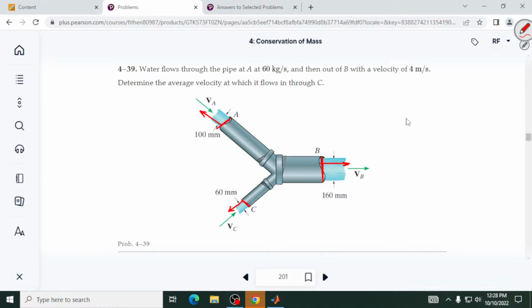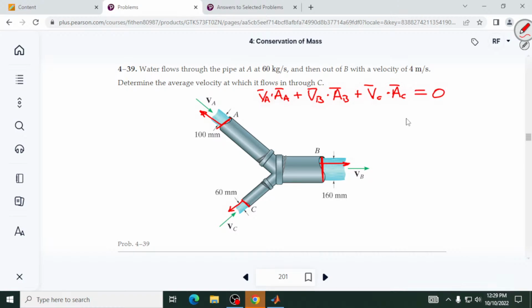follow that rule. So I'm assuming this is a circular pipe, so its area is pi d squared over 4. So I'll do the whole thing first: VA dotted with area at A plus VB dotted with area at B plus VC dotted with area at C. Since there's only 3, that's got to all be 0.